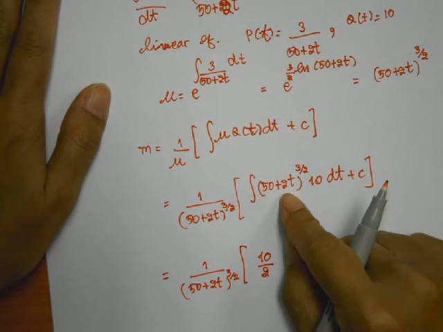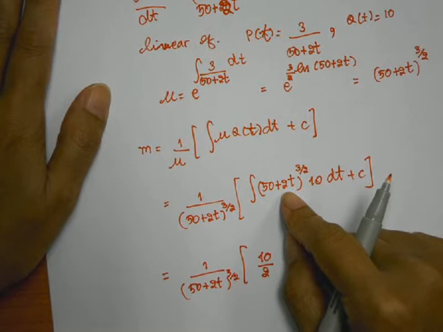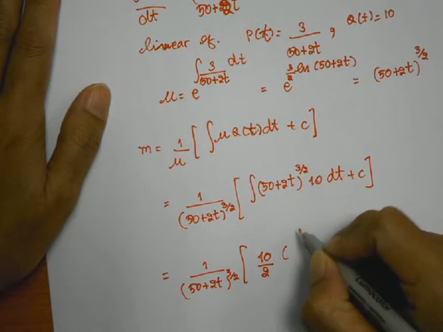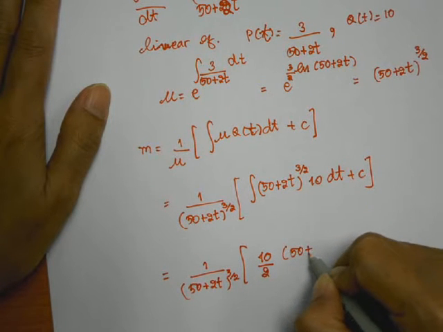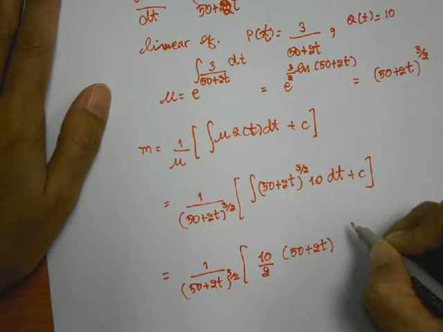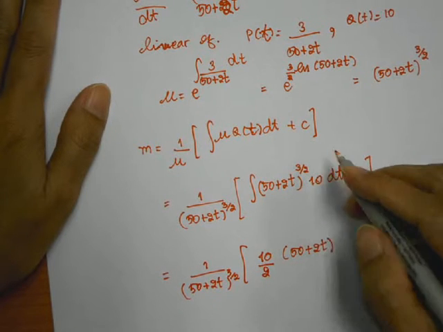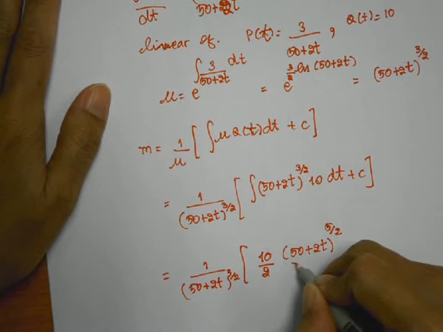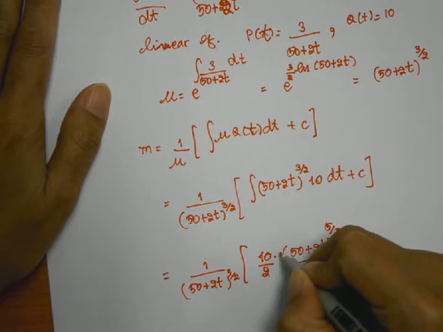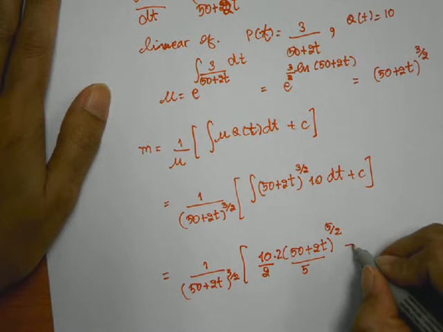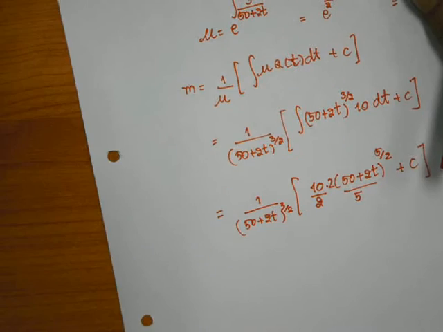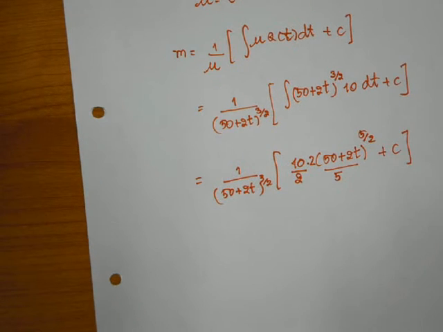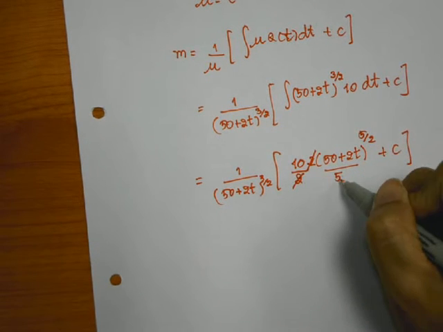And then you can do the integral of this term, which is equal to (50 plus 2t) to the power of 5 over 2, divided by 5 over 2.